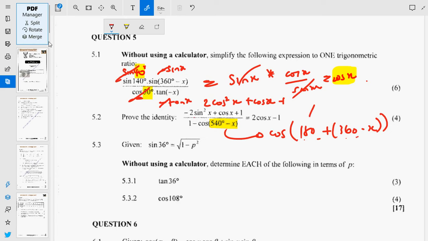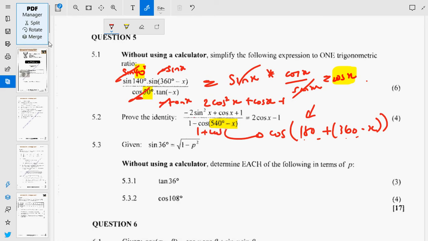But by introducing 180, you are able to use your reduction formula, because 180 plus is in the third quadrant, and in the third quadrant cos is negative, but you've still got to multiply it by this negative, so it will be plus cos of 360 minus x. Now 360 minus x is in the fourth quadrant. In the fourth quadrant, cos is positive, so you'll end up with 1 plus cos x at the bottom.